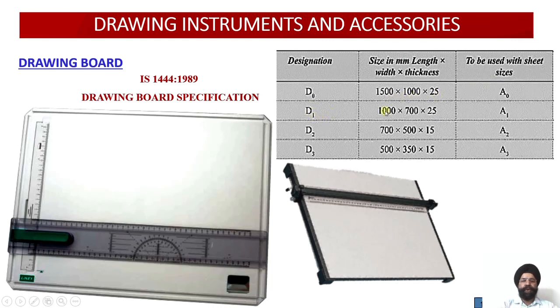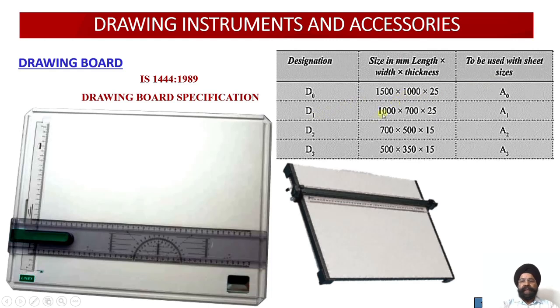D1 size drawing board is 1000 by 700. So the 50% principle does not apply here as it applied to the drawing sheet. What is this 50%? You have the larger side, divide by 50% gives you the smaller side. No. Because drawing boards have to be bigger, we are not following the same specifications. So the D0 size is 1500 by 1000, length is 1500, width is 1000, thickness is 25.